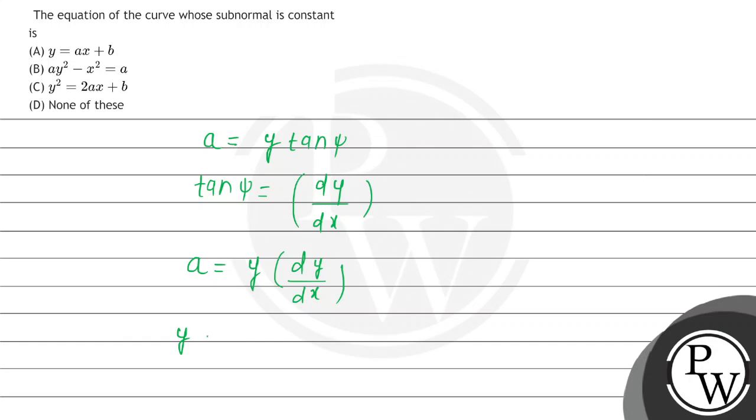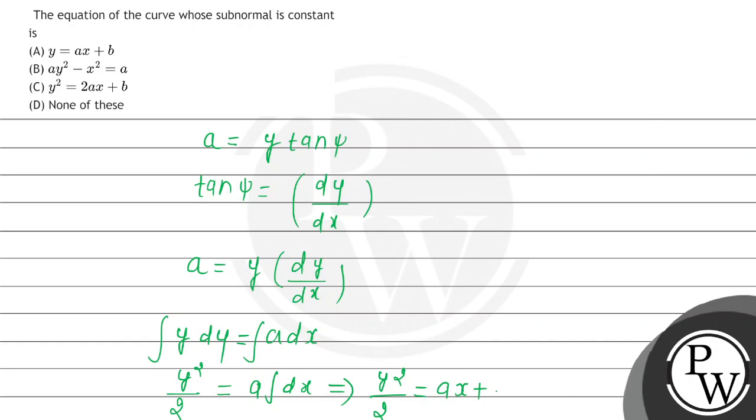Here we get y dy is equal to a dx, and now we integrate it. After integrating, we get y square by 2 is equal to ax.